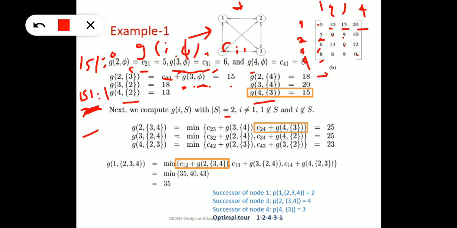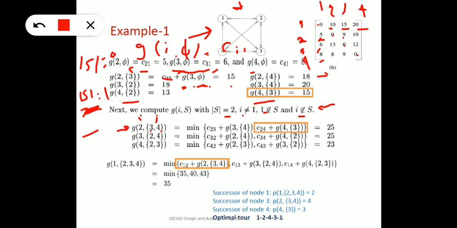And please remember, i is not equal to 1. 1 does not belong to this set S, and i does not belong to S, right? So this formula is now g of i, S. So i's value is 2, so 2 should not be a part of S in the first case. And j's value will be iterating. Once it will become 3 and the next time it shall be 4.